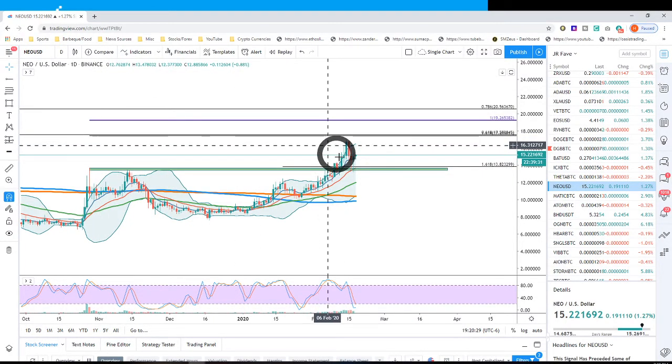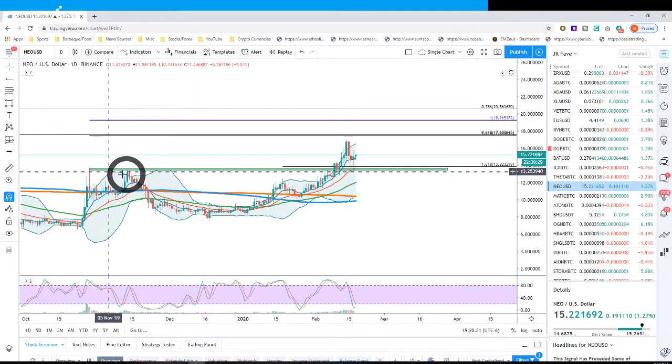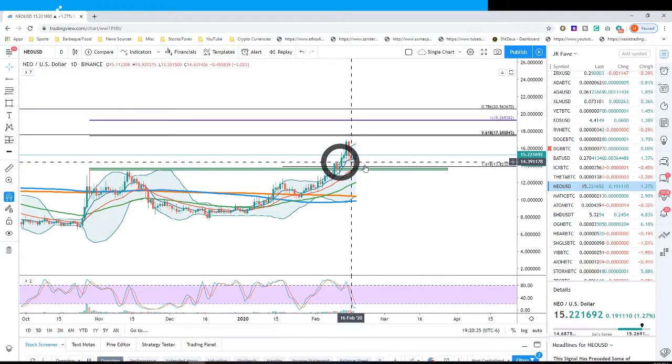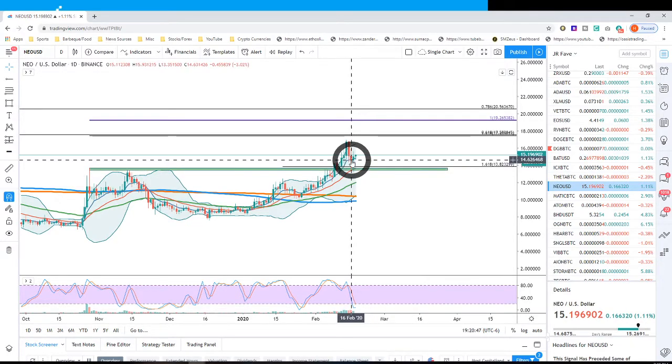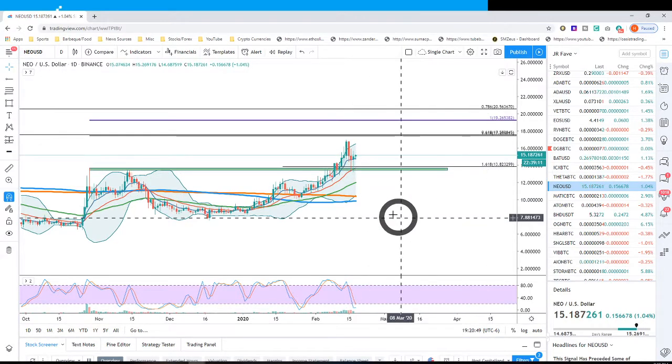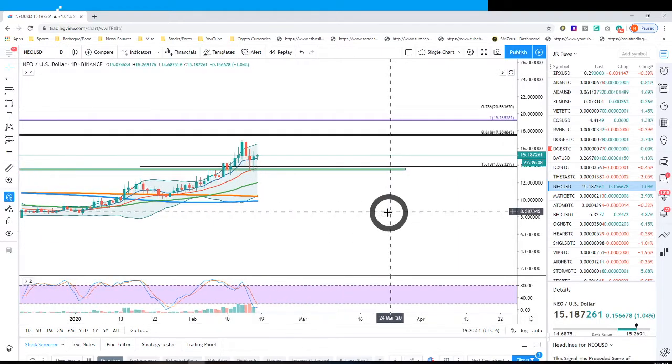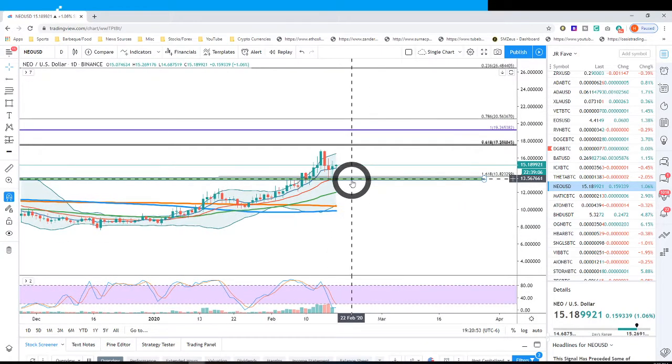All it's done is pull right back to old resistance, which is now new support. So it's holding this zone. That's the area to stay above. That's your area to watch. And it bounced nicely off that today. Very nice bounce.